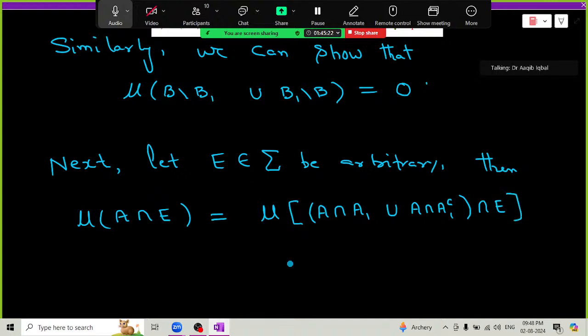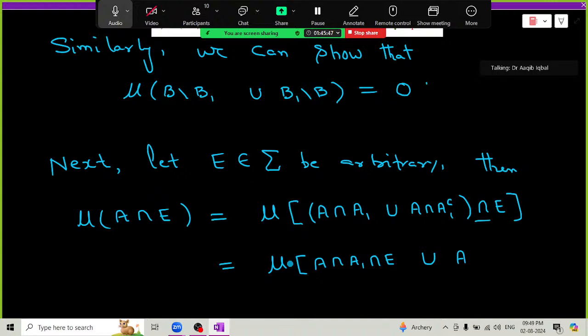ठीक है ये. Now this is equal to what? This is equal to mu of, you distribute this intersection over the union, so therefore it will be mu of A intersected with A1 intersected with E, then union A intersected with A1 complement.